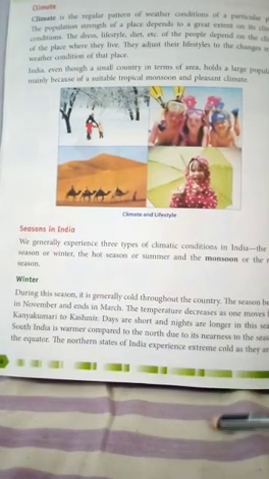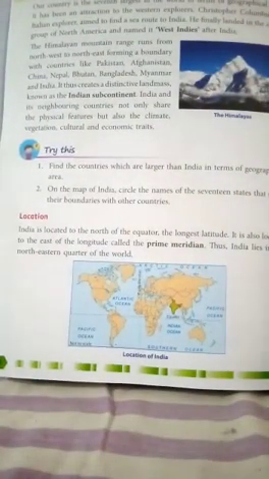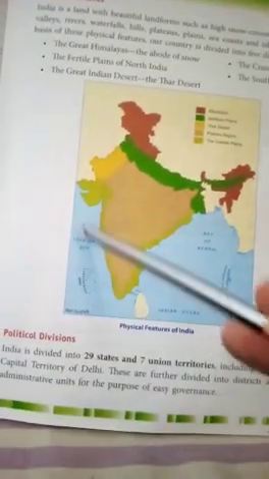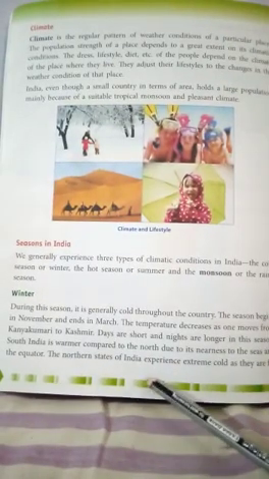As we saw in the previous pictures, South India is covered by water on most sides, so it will be a little warmer compared to the north. The northern states of India experience extreme cold as they are far away from the seas.